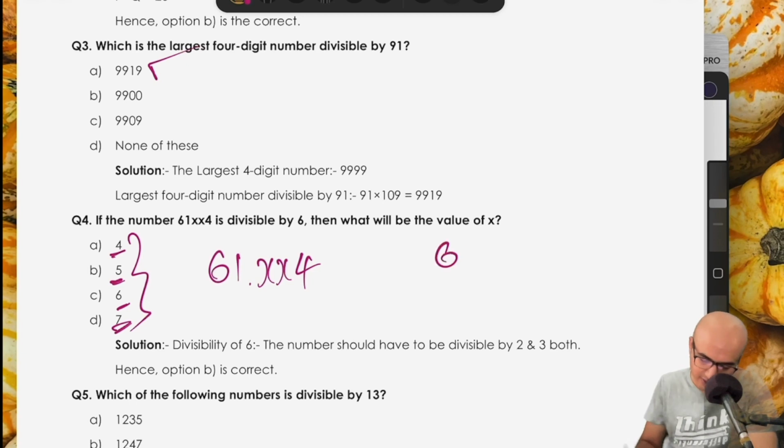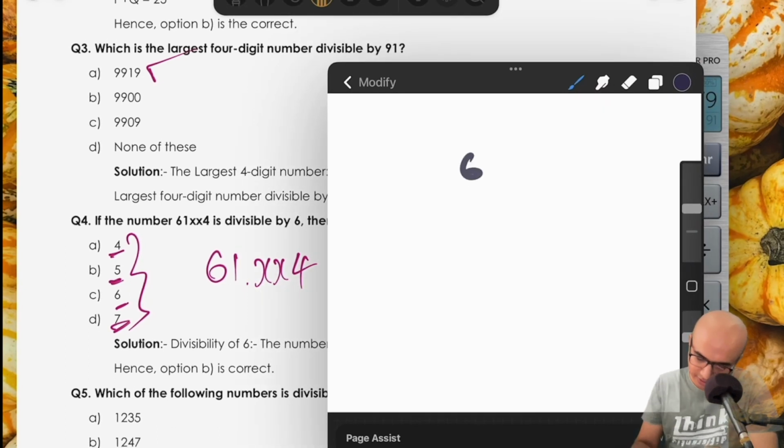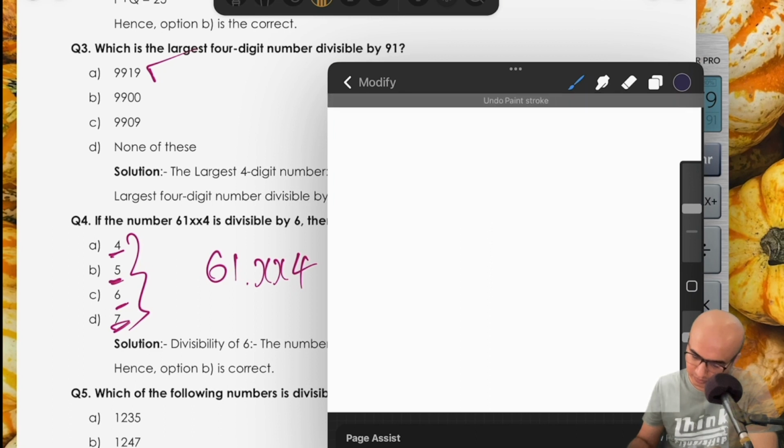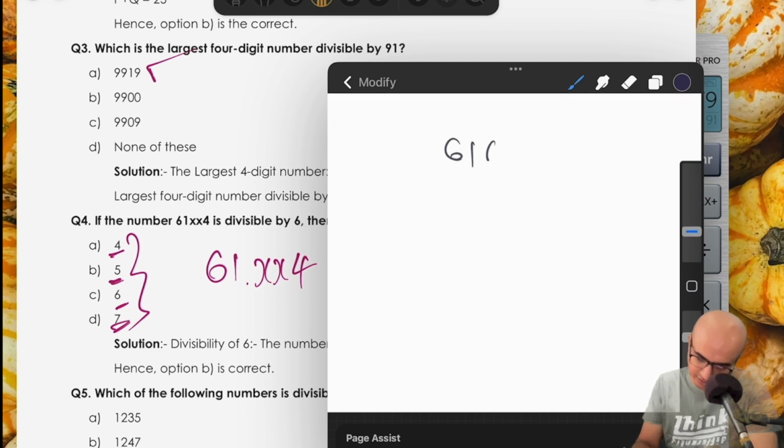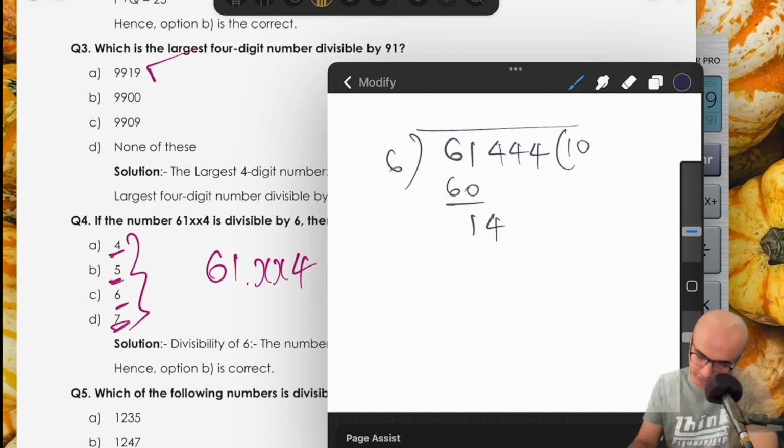For example, 61,444 divided by 6. Is it possible? So let's check this. Let me just use the other sheet here. 61444, I'm just replacing x by 4, divided by 6. 61 tens is 60. 1 4, 6 twos are 12. 2 4.